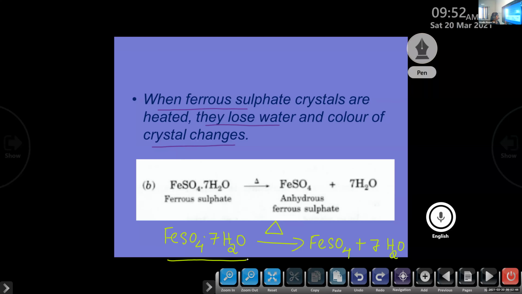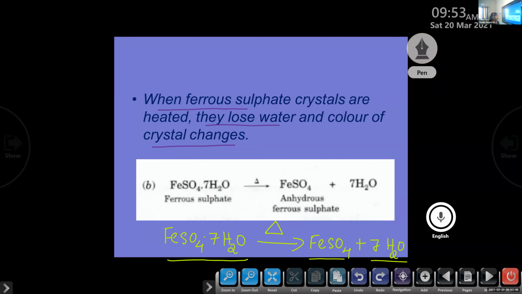This single reactant decomposes to form simpler products, that is FeSO4 and 7H2O. Due to heating, the color of the crystal changes and it loses water molecules and it becomes FeSO4 plus 7H2O.